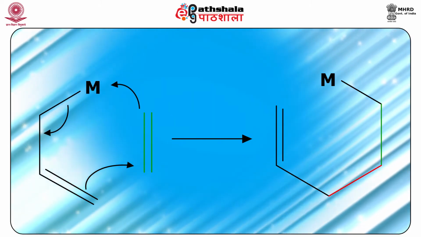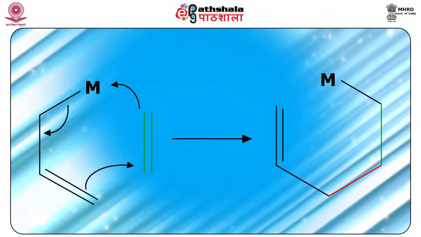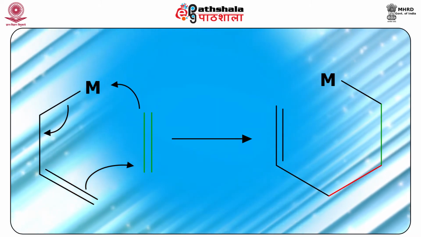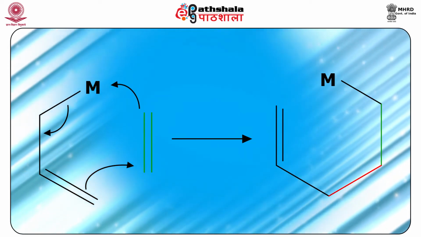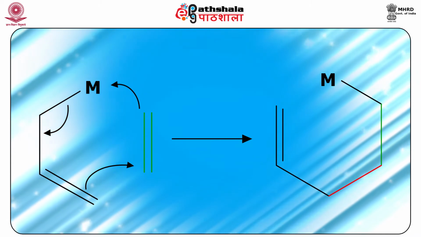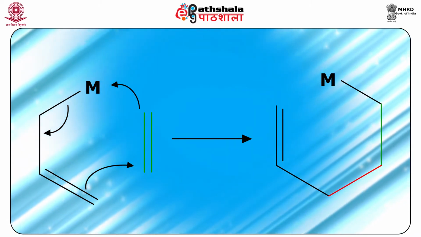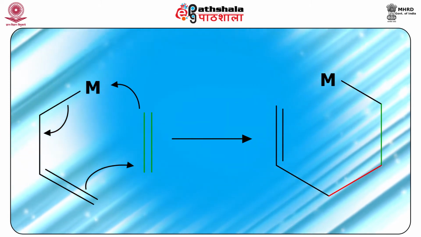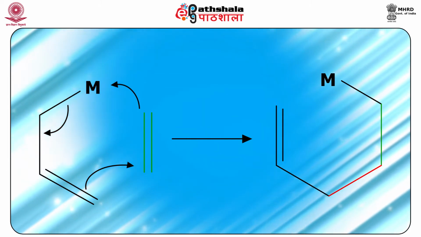Practically, other than hydrogen, ene reactions are found to have metal atoms like magnesium, nickel, palladium, lithium, boron, aluminium, zinc, platinum in place of the hydrogen atom. Such reactions are called metalla-ene reactions. An example can be seen below, where M represents the metal atom.